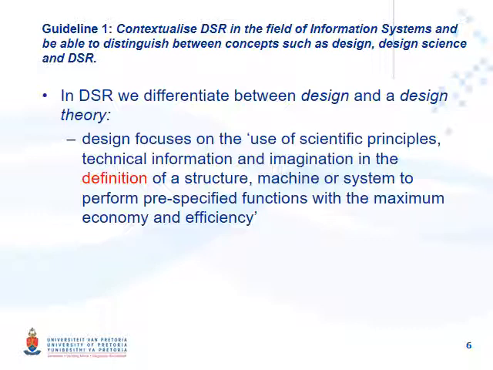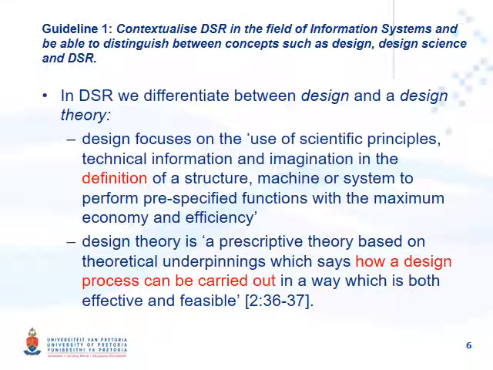So you are in the process of creating something when you are doing design. While design theory is a prescriptive theory telling us how a design process can be carried out. An example of a design theory is, for instance, the waterfall model. That tells us exactly how we're going to do a design, and that is a design theory.